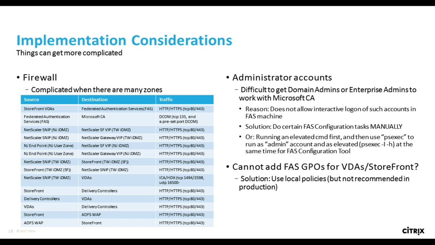In some cases, you can't add FAS GPOs for VDAs or StoreFront. If that's the case, you can use local policies, but we really don't recommend you do that in production. We want to make sure that you have those configurations set up without requiring the use of local policies.